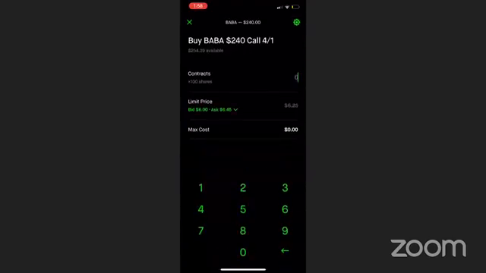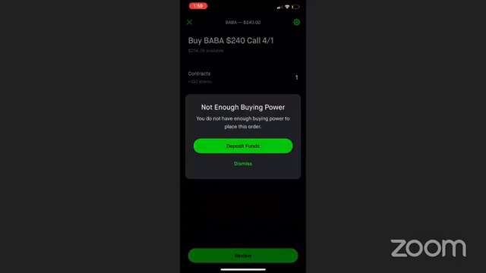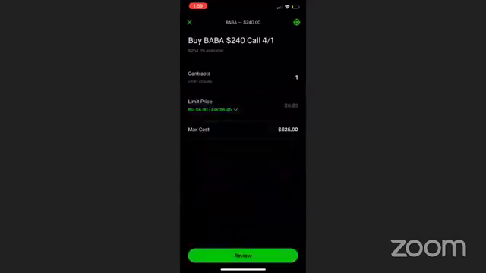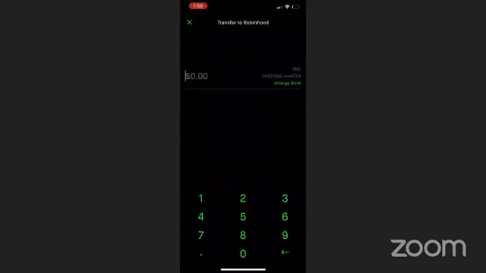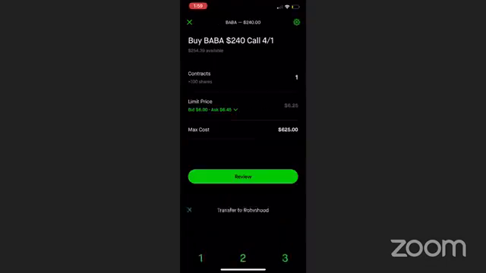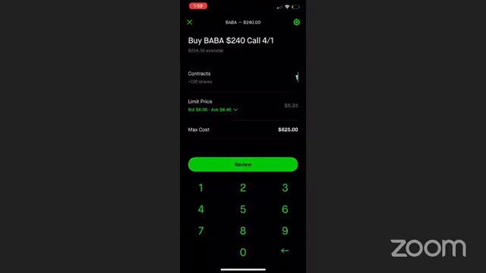So if you're buying this, the at the money would be the 240 call. You'd be paying $625 for one contract. If I hit review, I'm not about to start depositing money, but you're basically paying $625 for the right, but not the obligation, to purchase 100 shares of Alibaba for $240 a share on or before April 1st, which we all know is a Friday.